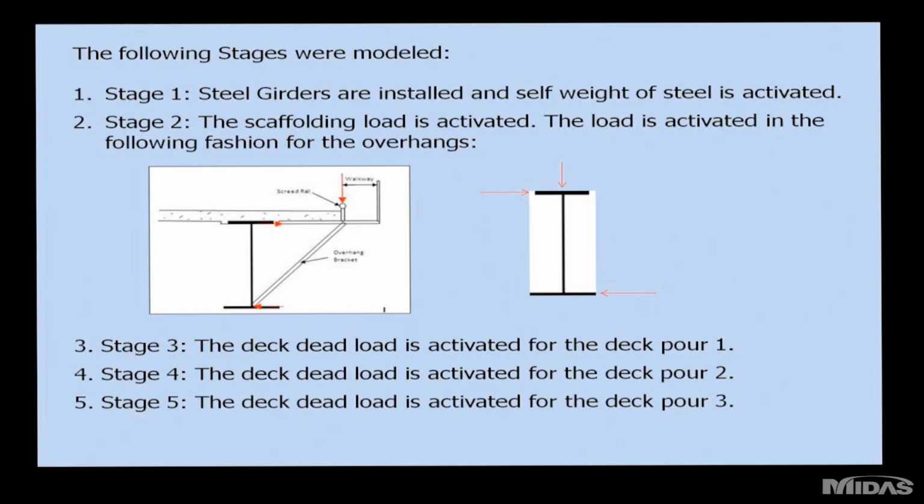Have a stage for the self-weight of the girders. You can apply scaffolding loads using a couple between the flanges, which will also produce twist in those exterior beams. And then each stage of the deck pour can be added using a different construction stage.